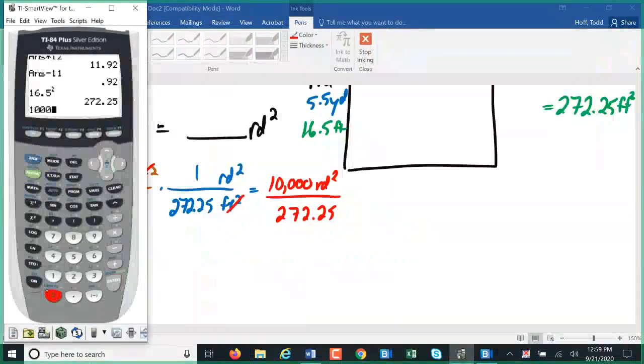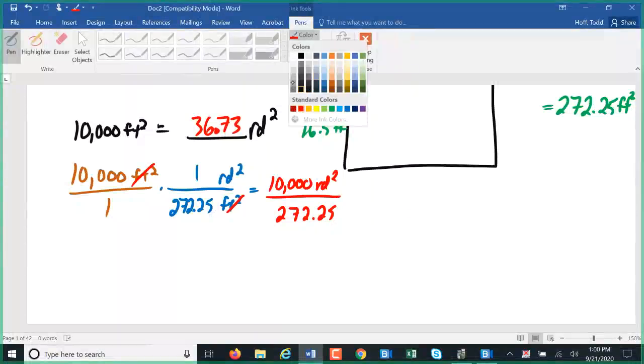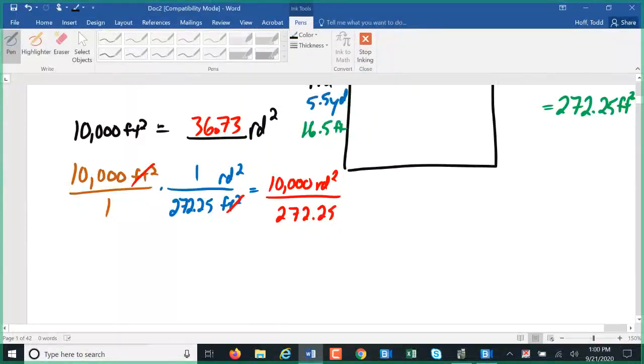Divide that out. I get 36.73 square rods. So 100 by 100 actually is a little bit larger than a normal sized city lot. So a city lot is about 36 square rods in size normally.